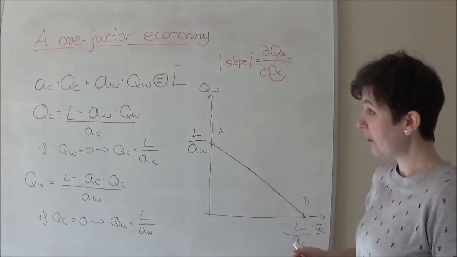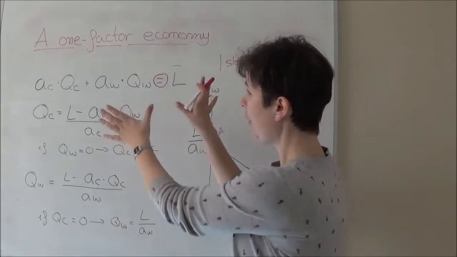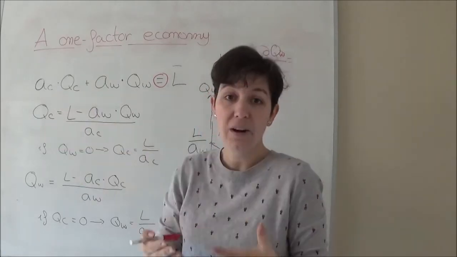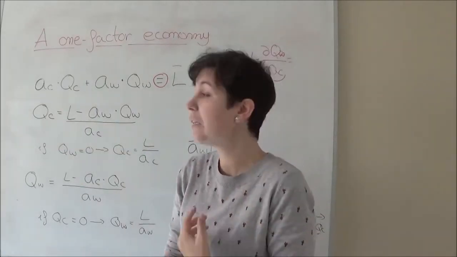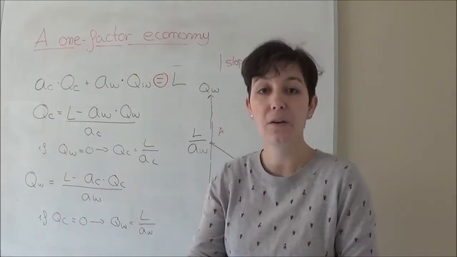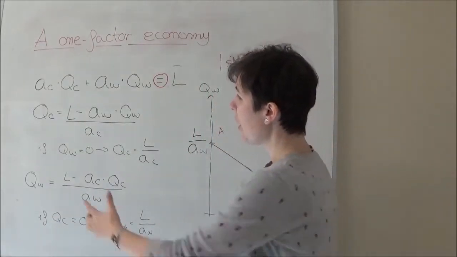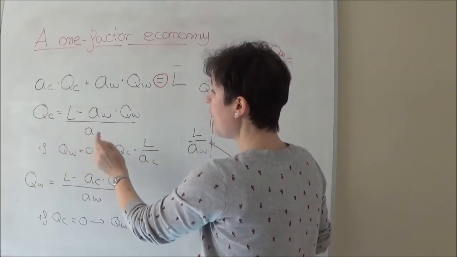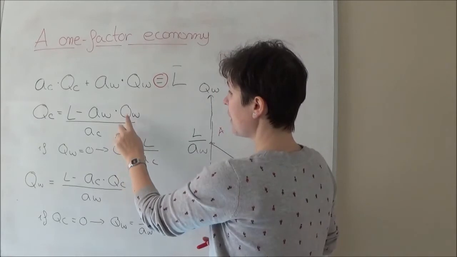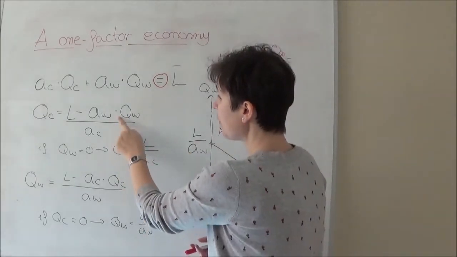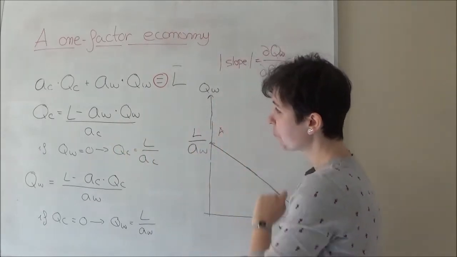My recommendation is, if you have this function, isolate one of the variables, the quantity of cheese, and the other variable, the quantity of wine, in terms of the rest of the variables. Here we have how the quantity of cheese depends on labor, and also on the amount of wine that you want to produce and the unit labor requirement in each sector.